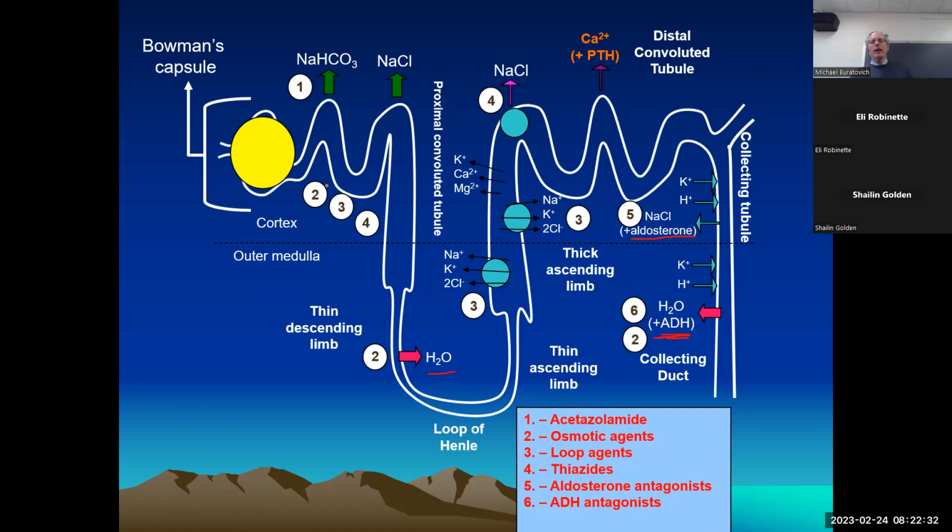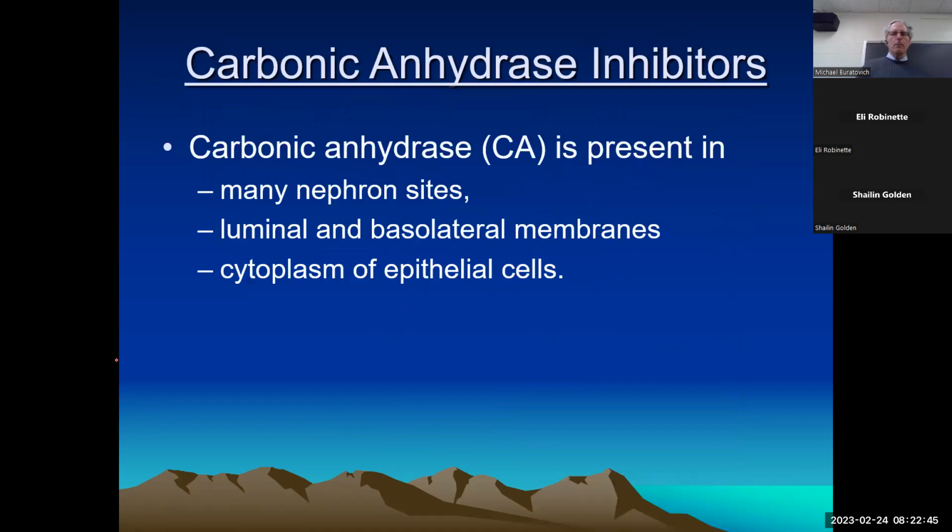So these different areas of the nephron are all addressed by different drugs. So we'll now take a look at each of these different areas and how these drugs work. So the first are the carbonic anhydrase inhibitors. Carbonic anhydrase is found everywhere.